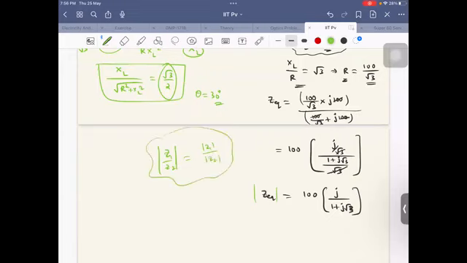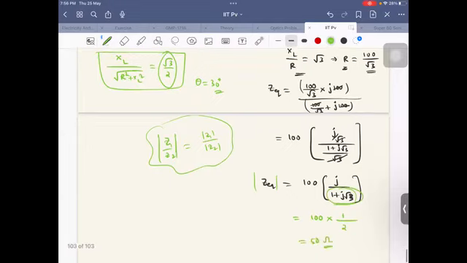Yes, sir. Then simply, what is the magnitude of this one? 2. So the answer is 50 ohms. Clear?